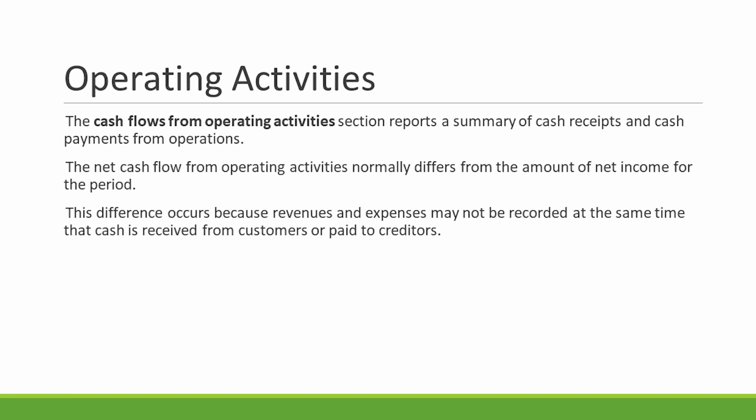The difference occurs because revenue and expenses may not be recorded at the same time that cash is received from customers or paid to creditors. An example of that would be information that's on the accounts receivable and or accounts payable.